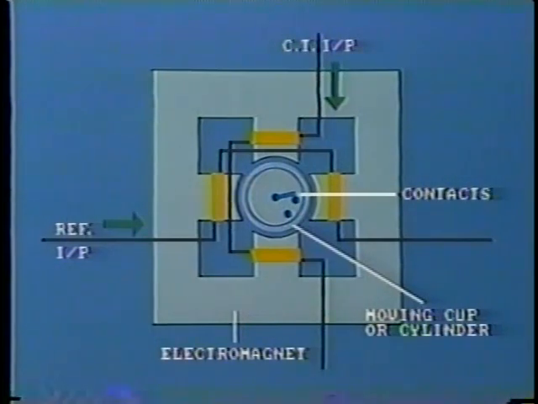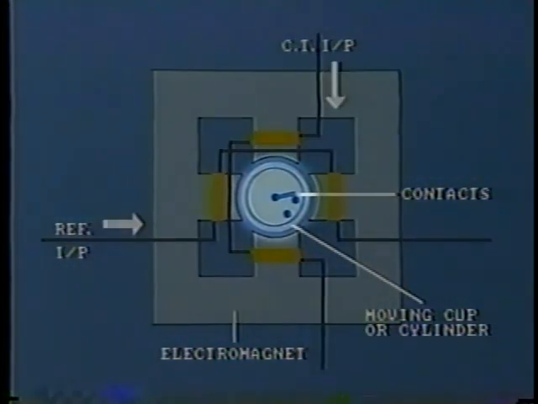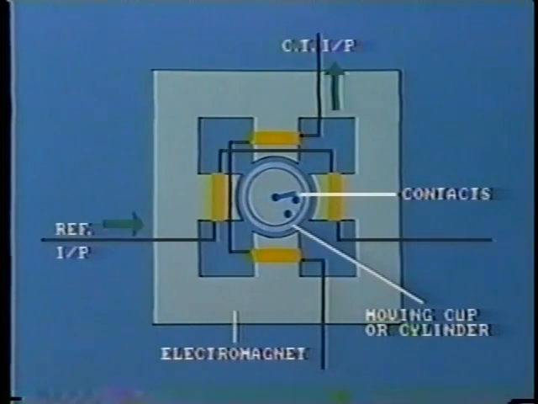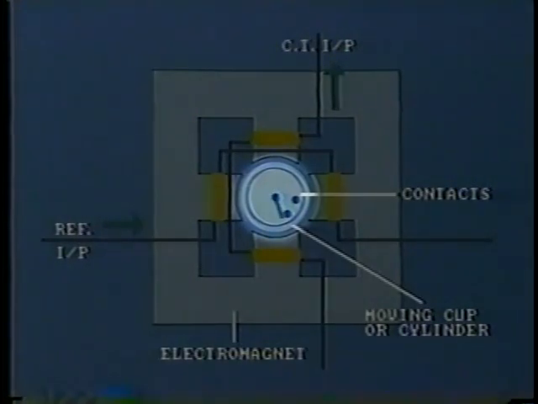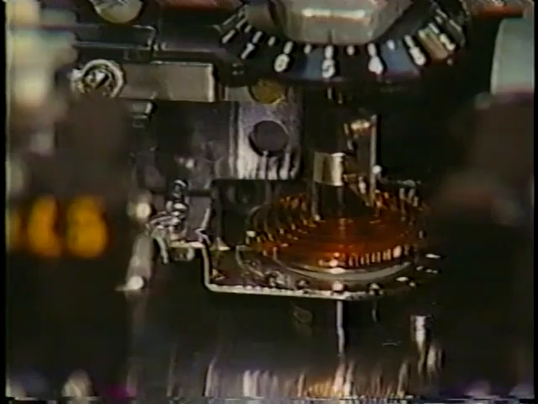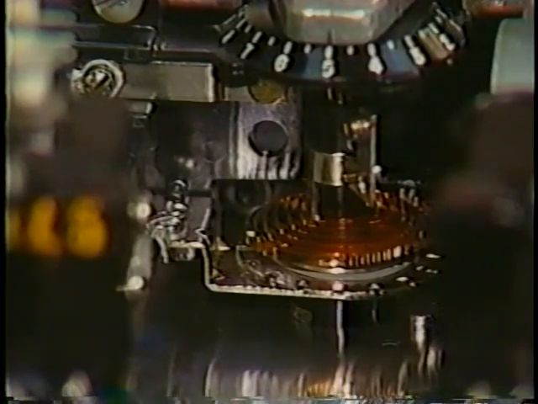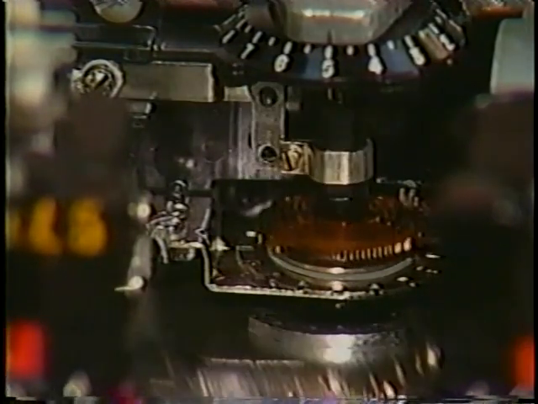When current flow is in the selected non-tripping direction, the two fluxes set up the cylinder so that its contacts block operation. Now, if the flow of primary current reverses, then the aluminum cylinder will immediately take up a new position.